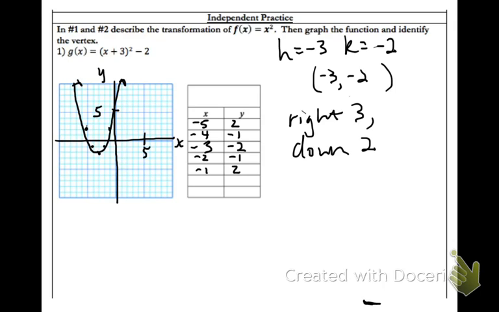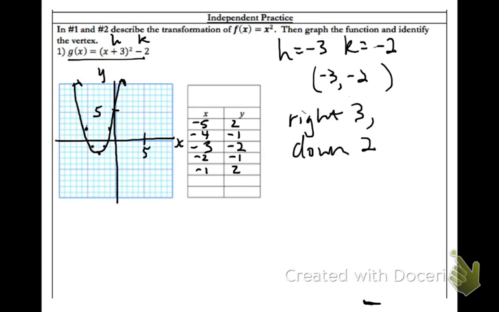So in the independent practice, the graph of your function g of x, or y equals the quantity x plus 3 squared minus 2, should look like what you see below on my graph space. Notice that the h value here, it's what's being subtracted, so it's negative 3. The k value is negative 2. So that is going to shift the graph to the right.